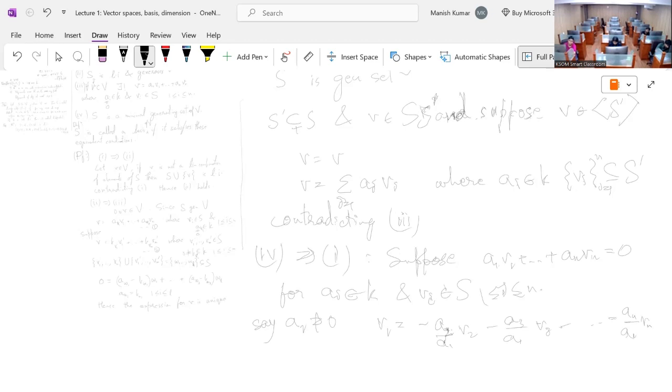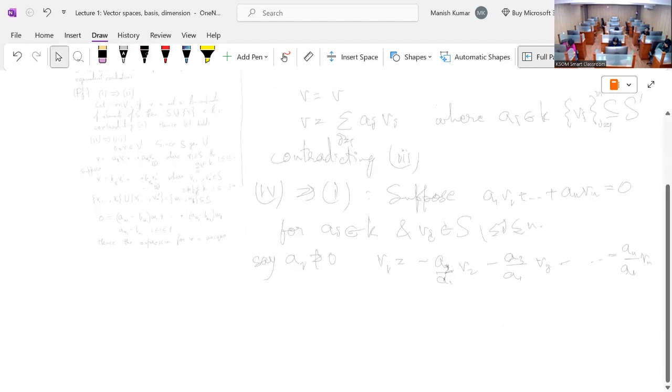So that tells you that S is not a minimal generating set, because V1 you can write as a linear combination of V2 to Vn. Then of course, if you remove V1 from S, it is still a generating set.